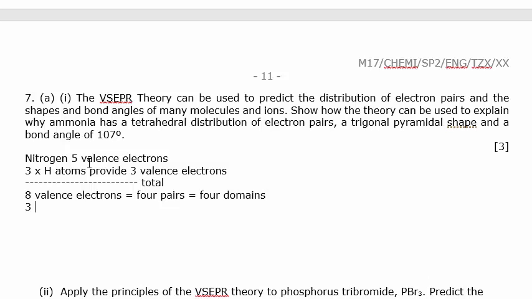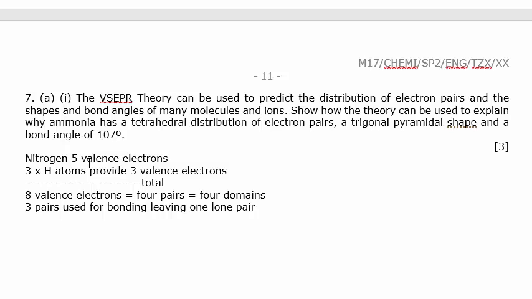Now 3 domains are used, 3 pairs are used for bonding, leaving 1 lone pair. So the molecular shape, well, first of all, the electronic shape, let's put it in here: 4 domains equals tetrahedral.